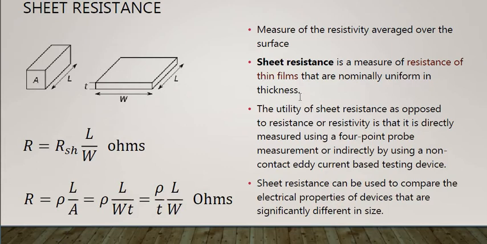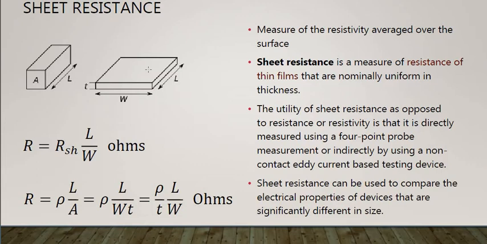Here, sheet resistance is a measure of the resistance of the thin film we are using, which is normally uniform in thickness. This is called sheet resistance. We are fabricating a complete IC on a silicon thin film.